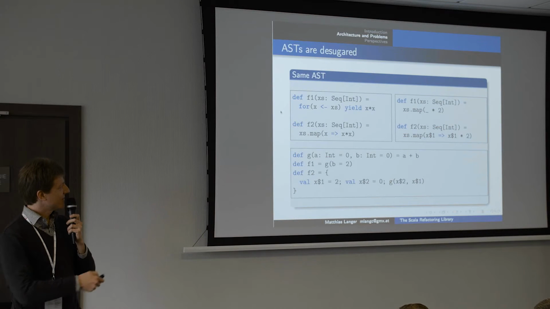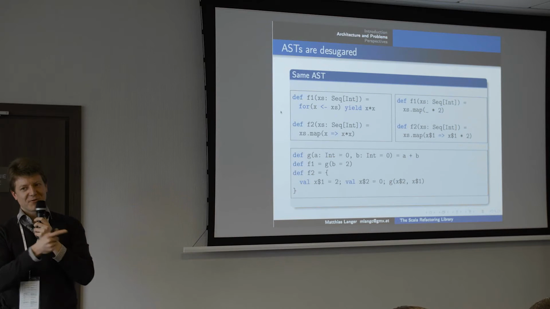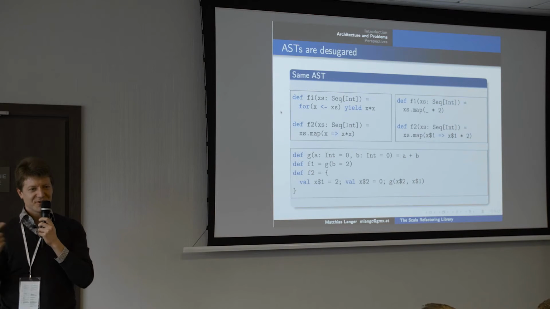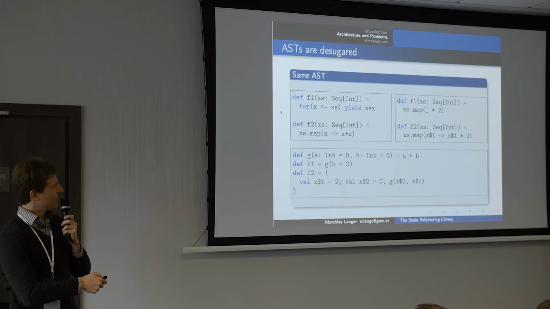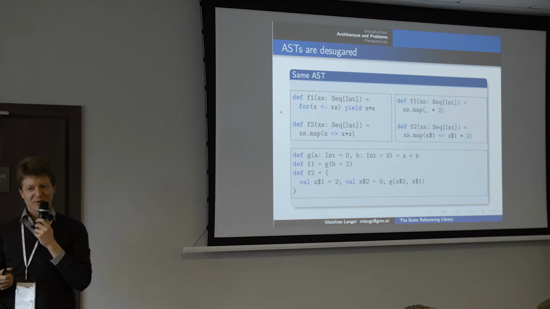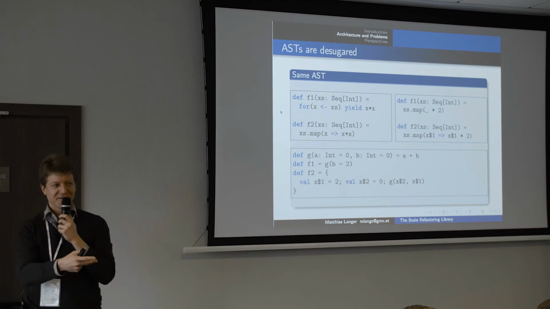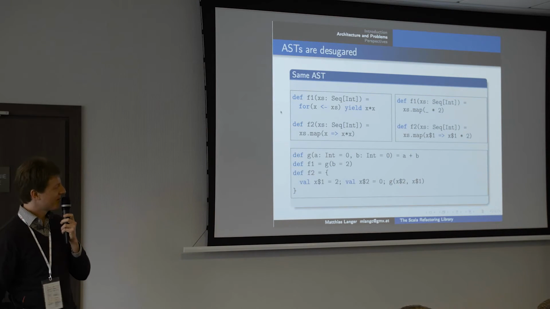Unfortunately, at the moment the refactoring library gets the abstract syntax trees from the compiler, this transformation of for comprehensions into combinations of map, flatMap, and withFilter has already happened. So if you just look at the abstract syntax trees, there is not really a difference between these two method definitions. That's a problem because nobody wants a refactoring library to convert for comprehensions into combinations of map, flatMap, and withFilter, or the other way around.